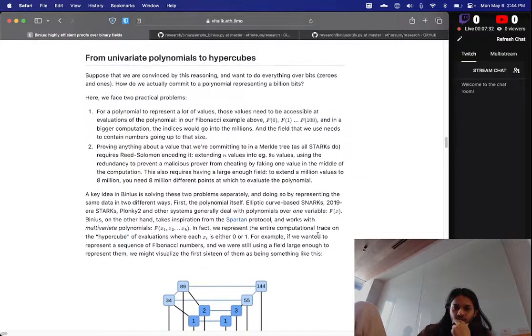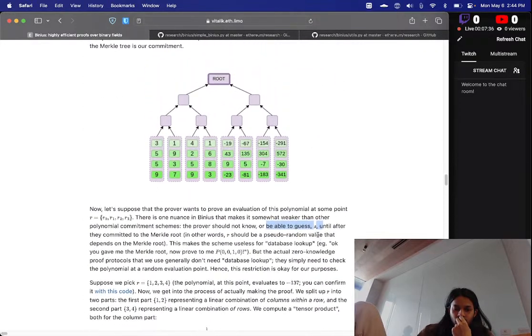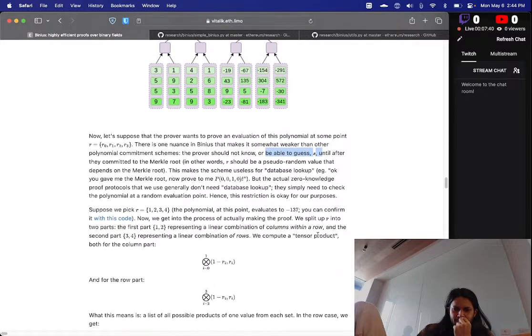What is the secret? Well, it makes sense if it's R, right?